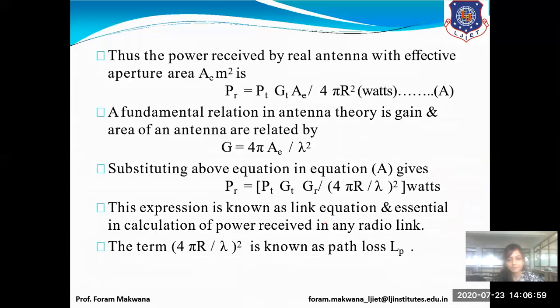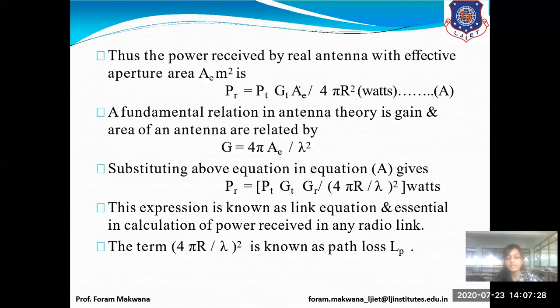Now, we are going to replace the value of physical aperture by effective aperture and aperture efficiency. So the power received by the real antenna with effective aperture area AE meter square is simply PR is equal to PT GT into AE upon 4 pi R square.